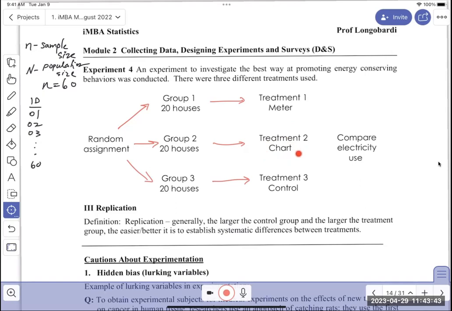This is more interactive, and probably likely to get more of a result in behavior than having someone randomly show up and read your meter. They'll also be told that their meter will be read randomly, right? So they can have otherwise exactly the same treatment.